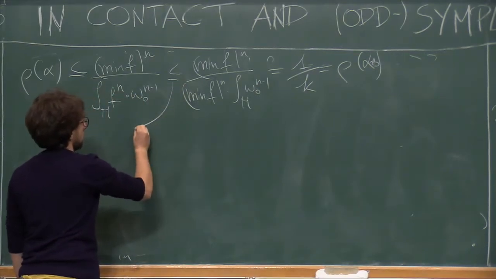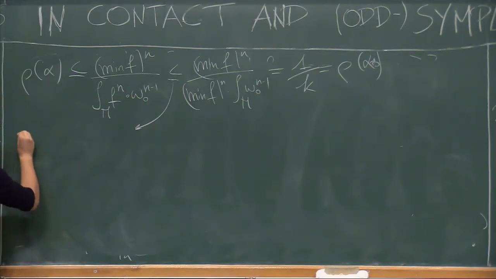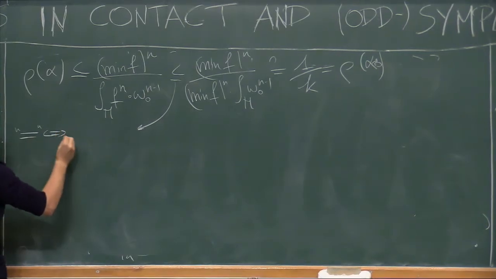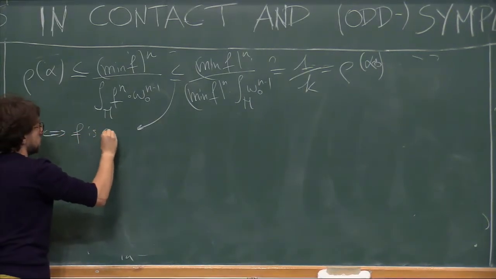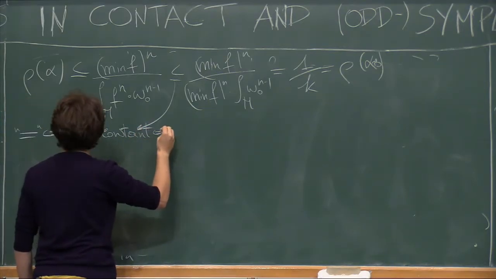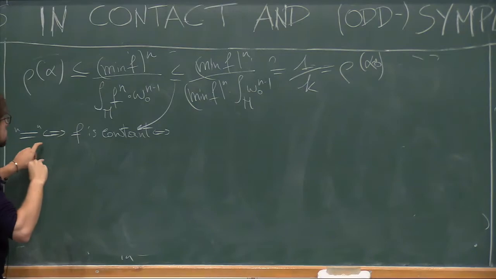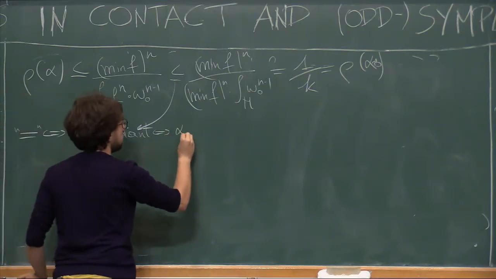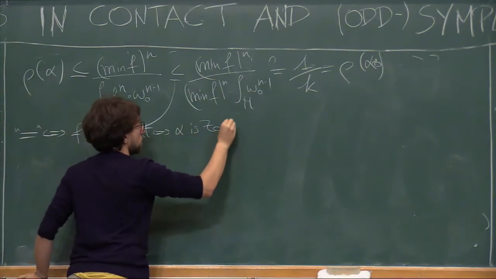And then here we have equality if and only if f is constant, which means if and only if alpha is Zoll.